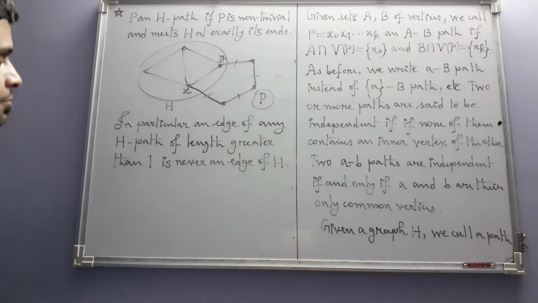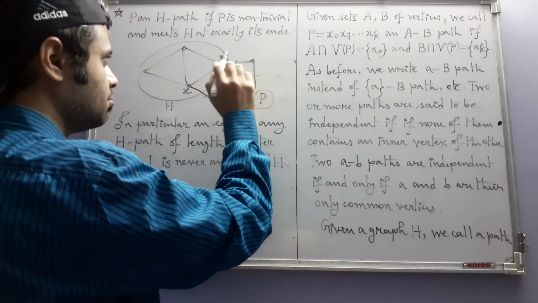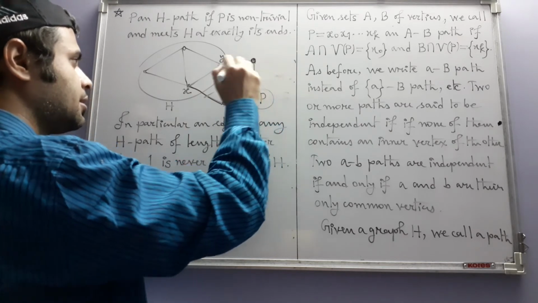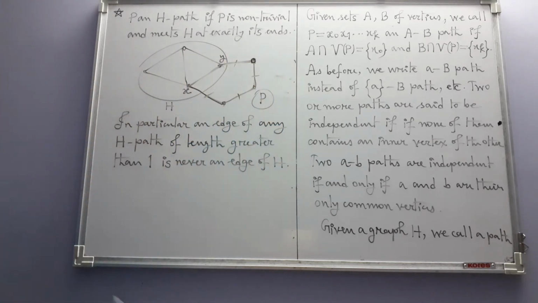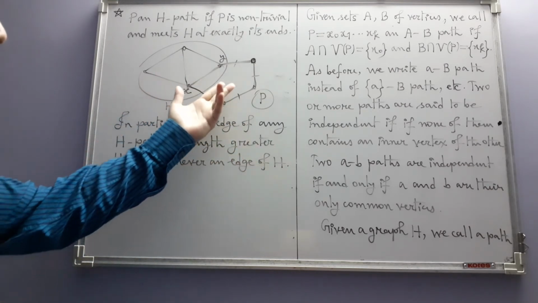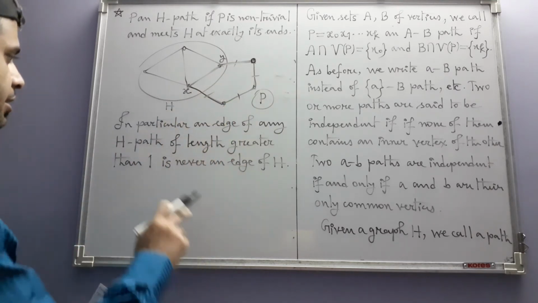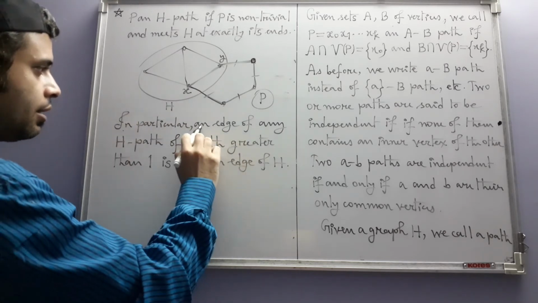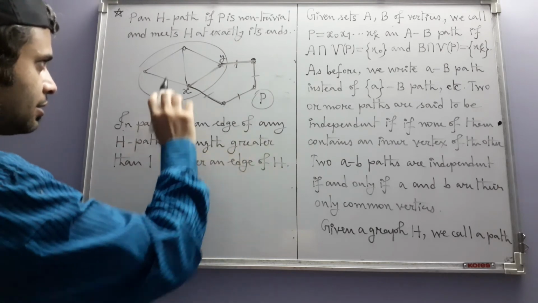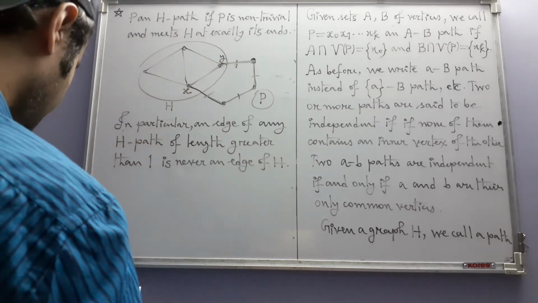You can see why, because if this, for example, becomes an edge of H, then its other end should also be in H, which violates the very definition of an H path, because in an H path the inner vertices should not be vertices in H. So that's why they are saying, in particular, an edge of any H path of length greater than 1 is never an edge of H.